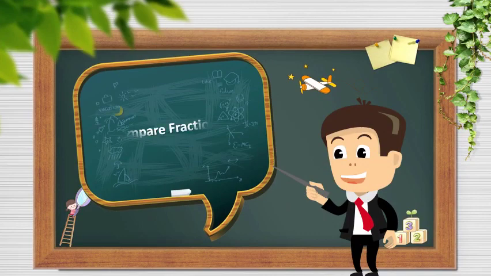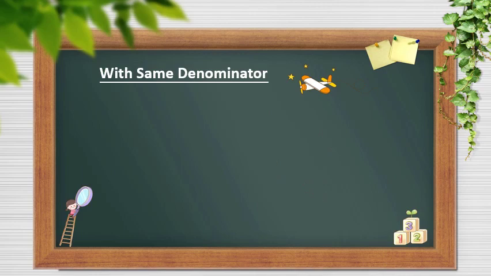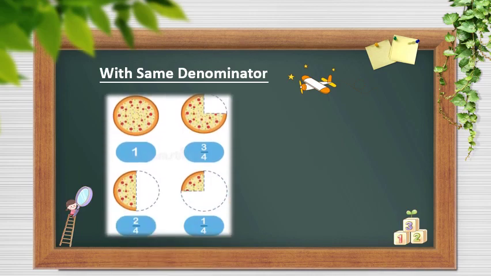Okay, so then the last concept we learned was about comparing fractions with the same denominator. How are we going to compare that? Here I have a picture where I have different fractions, but the denominator is, yes, same in all the fractions.